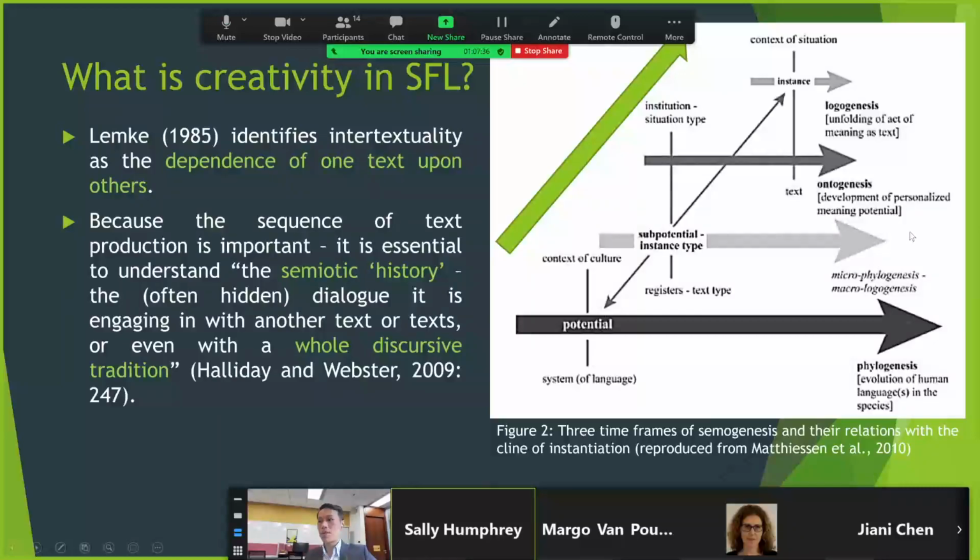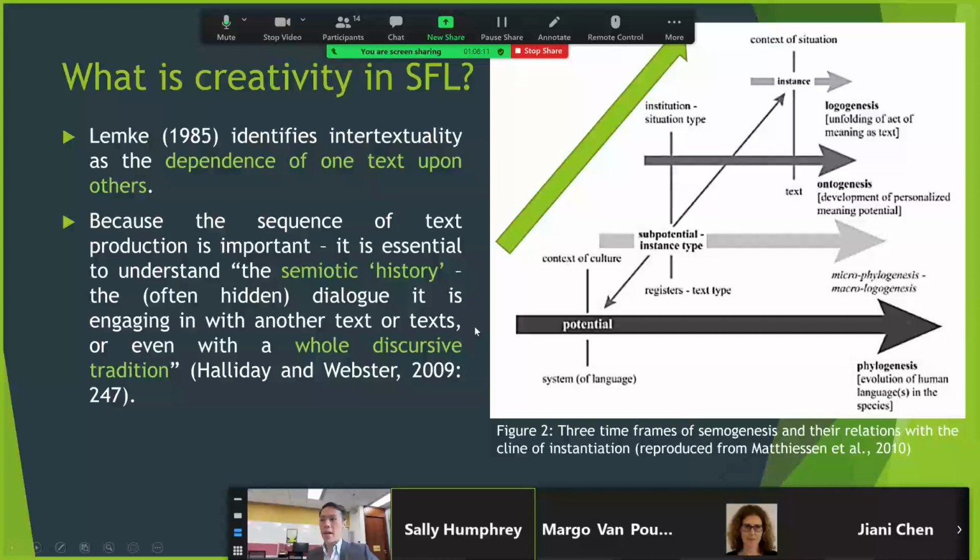Also, intertextuality is also involved. According to Lemke, 1985, we identified intertextuality as dependence of one text upon another. What that means is we can look at the historical or so-called semiotic history of the often hidden dialogues that are usually engaged in another text or texts, even as a whole discursive tradition, as Halliday and Webster 2009 mentioned.